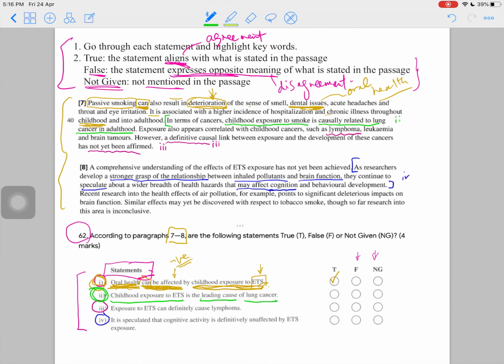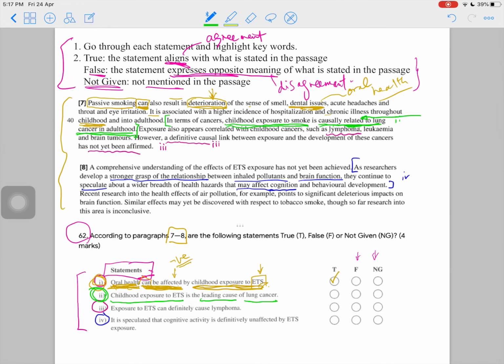In terms of cancers, childhood exposure to smoke is causally related to lung cancer in adulthood, okay? So here it means that it is related, okay?